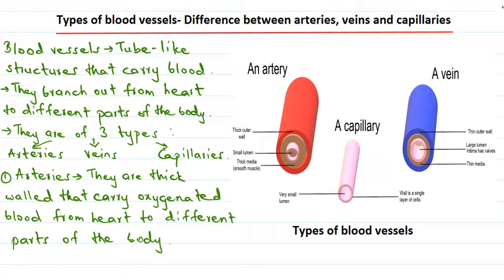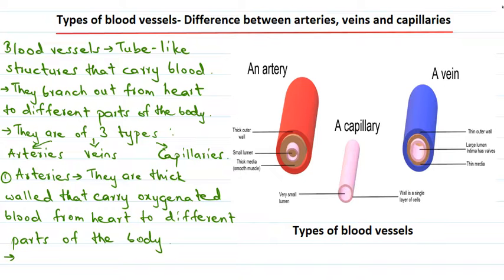Okay, so these are called arteries. They are thick walled blood vessels which carry oxygenated blood, that is pure blood, from the heart to different parts of the body. But then there is an exception.